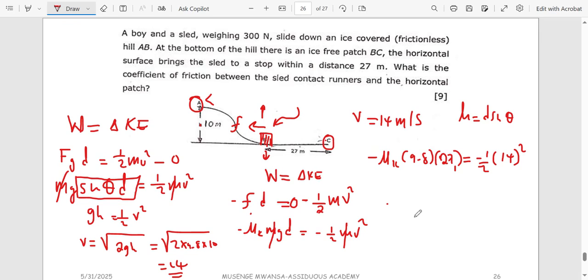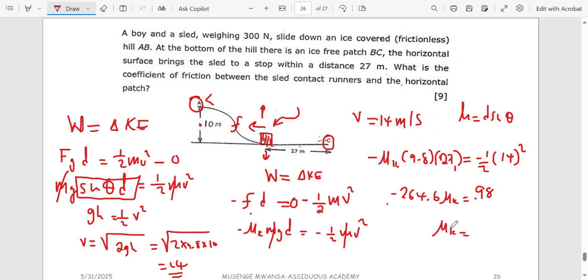So 9.8 by 27 is 264.6 mu k. And that will be 14 squared divided by 2, that's 98. So mu k, remember this is negative.